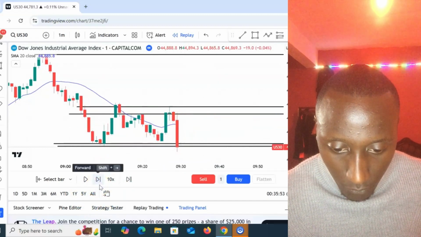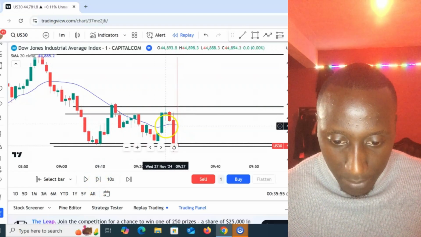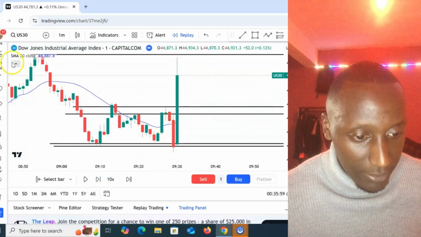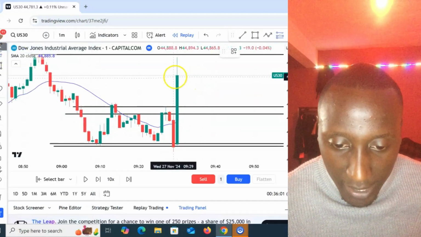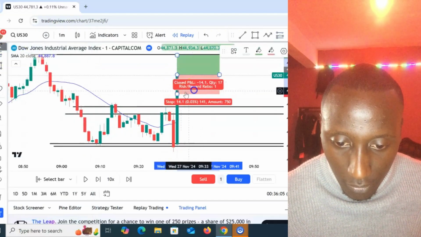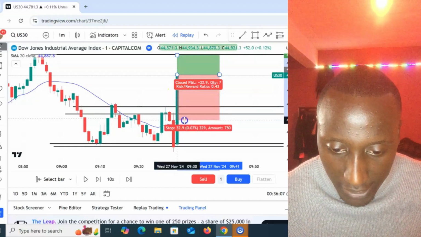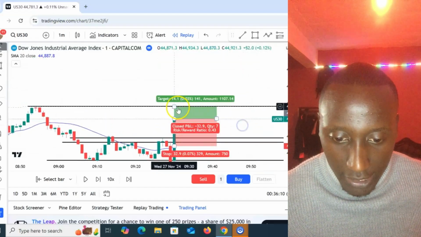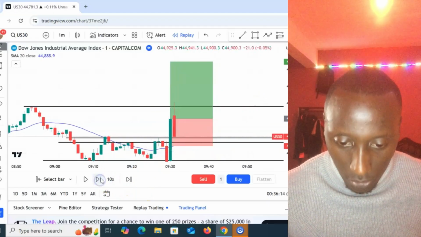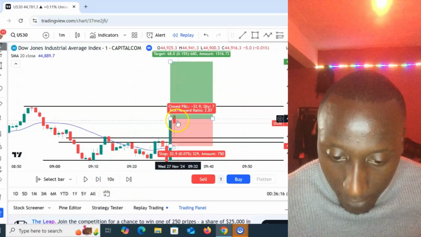So what happens? Let's wait for the market open at 9:30. At 9:30 price breaks out and then it closes up here. So that was my entry, and then my stop loss was down here, and I was targeting a 1:2. And then the next candle was a failed breakout.